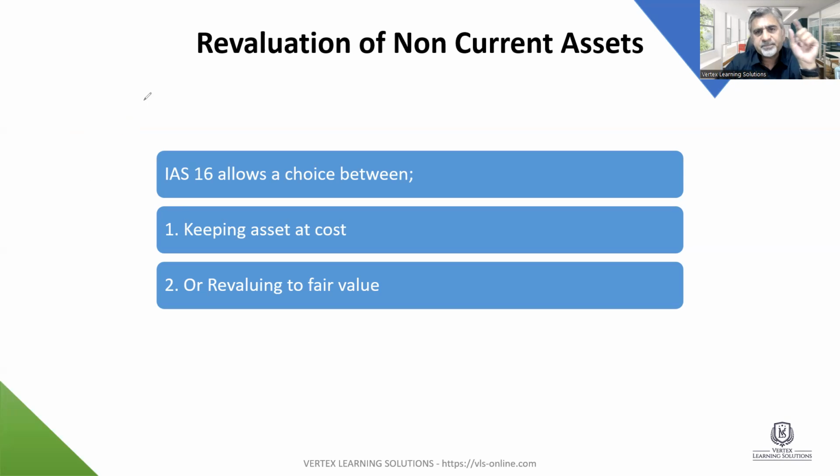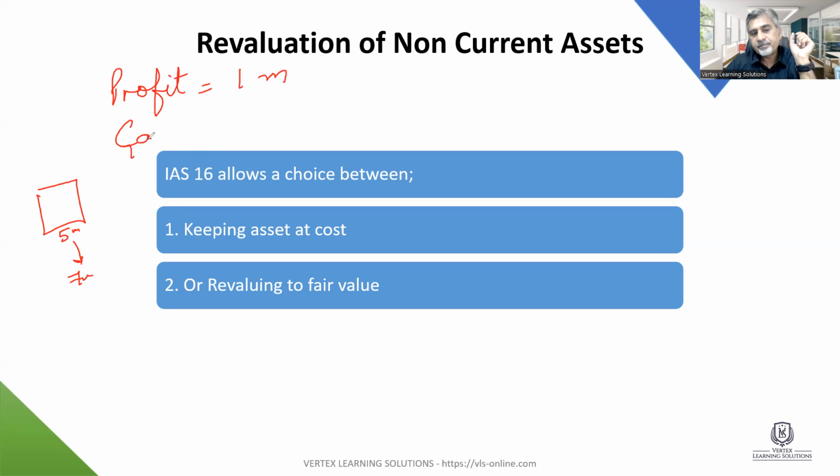For example, in this particular year, when we bought and sold goods or provided services, our profit in the income statement is 1 million. At the same time, I had this building valued at 5 million and that was revalued to 7 million. So I made a gain of 2 million. This is also my benefit, this is also my income, but this is called gain. This is not called profit.